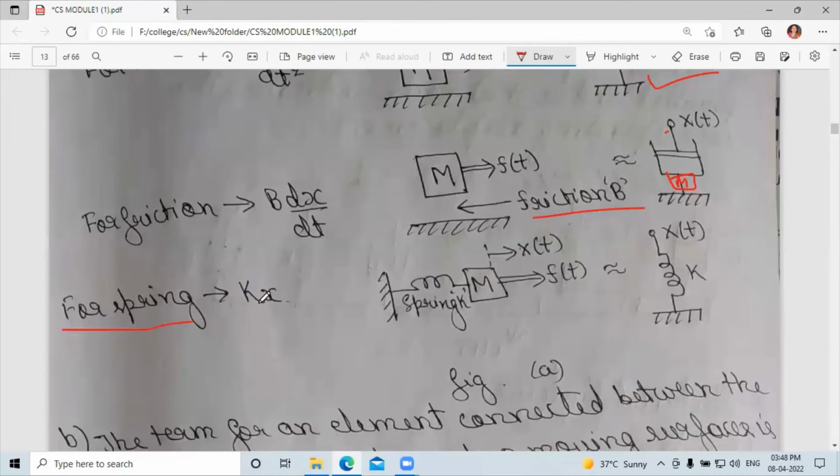Next, for the spring, kx, with the mass at x of t and force f of t.